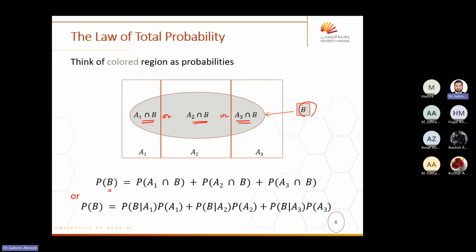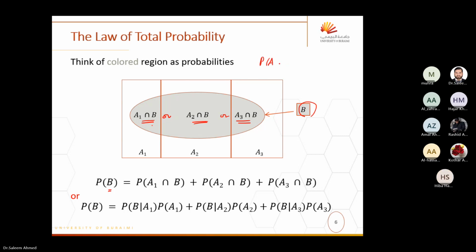Either A1 intersection B or A2 intersection B or A3 intersection B. We had a law for A or B: we add the probabilities of A and B, and then we subtract the probability of A AND B. We know that this AND is zero in our case, because when the events are mutually exclusive, there is no intersection, so they cannot occur together. So my law will become only this one. This is the law I used here.